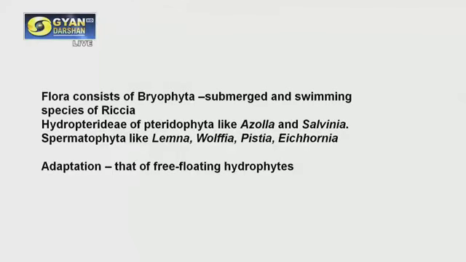They actually constitute a false plankton, like bryophytes, certain species of Riccia, certain pteridophytes like Azolla and Salvinia, certain spermatophytes like Lemna, Wolffia, about which we talked a little while ago, Pistia, Eichhornia. So these are actually pleuston. Pleustons are comparatively larger organisms as compared to planktons, megaphytes. That's why we call them megaphytes.